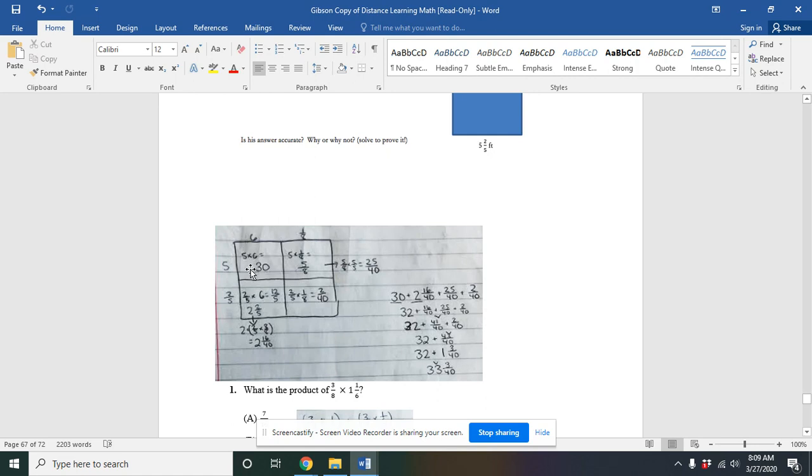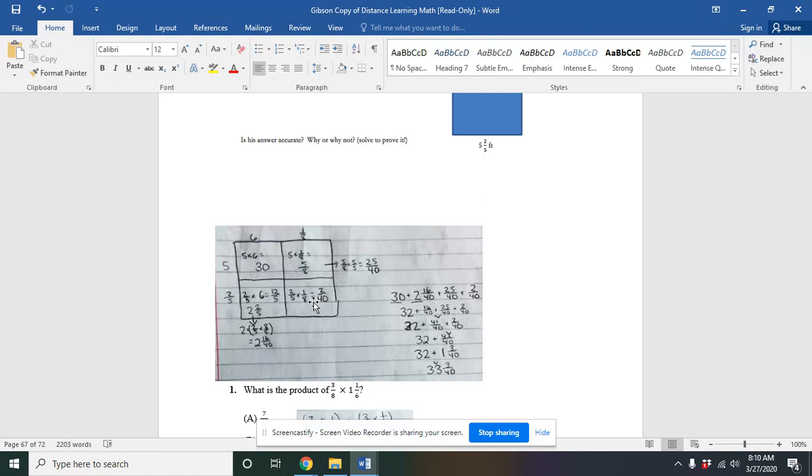So this is where I did 5 times 6, and then down here, 2/5 times 6. I made sure that 6 was multiplied by both pieces of that mixed number, just like we do for distributive property. 1/8 was multiplied by the 5, and also multiplied by the 2/5. Now, whenever I decide to add, can we add numbers with different denominators?